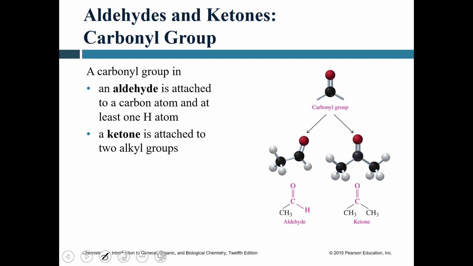So in an aldehyde, a carbonyl group is attached to a carbon atom and at least one hydrogen. In a ketone, a carbonyl group is attached to two alkyl groups, to two carbons.